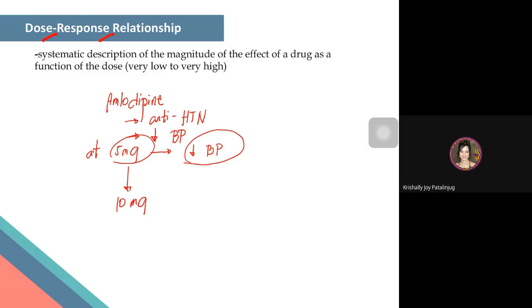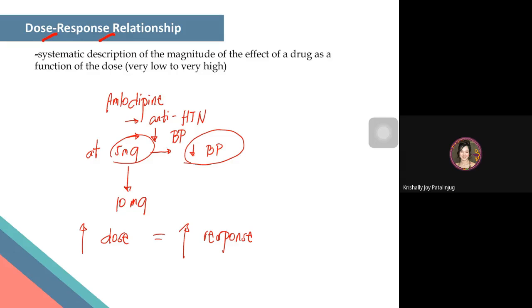In general, the more the dose of a drug, the more is the response which is achieved. All right? The greater the dose, the greater is the effect of the drug achieved.